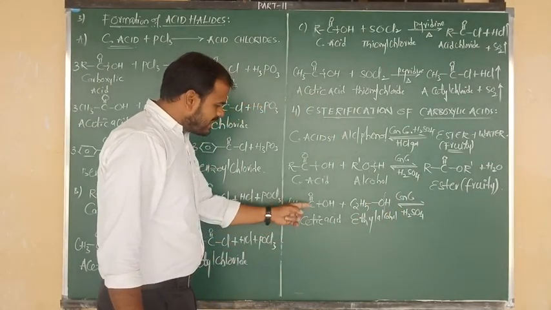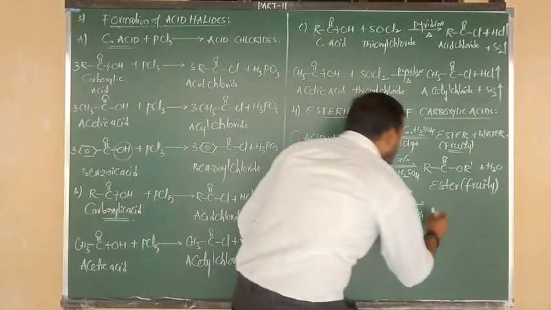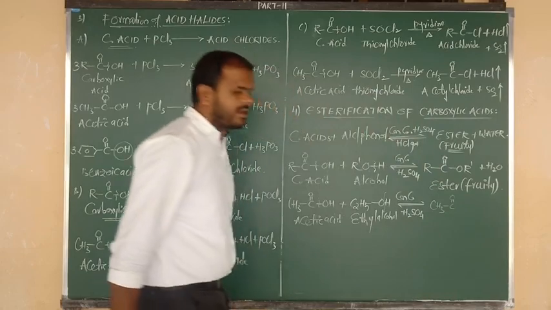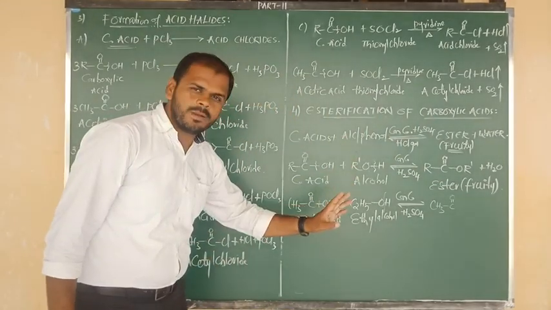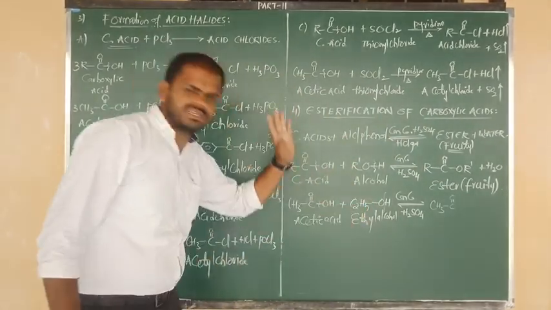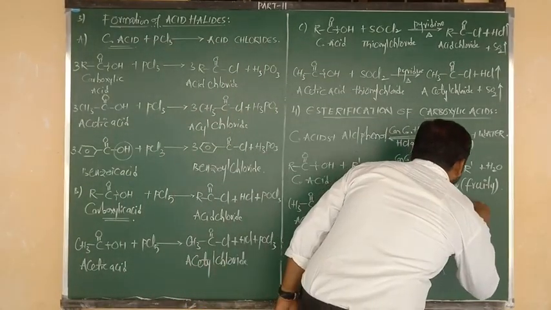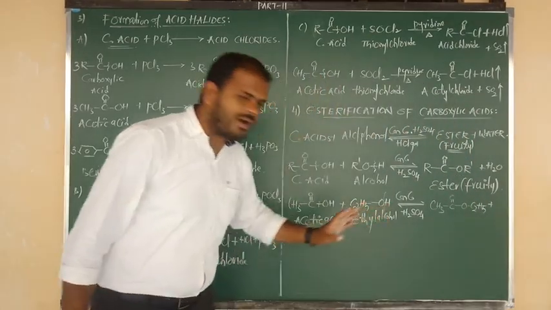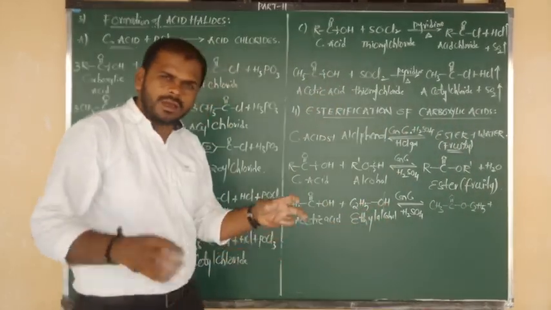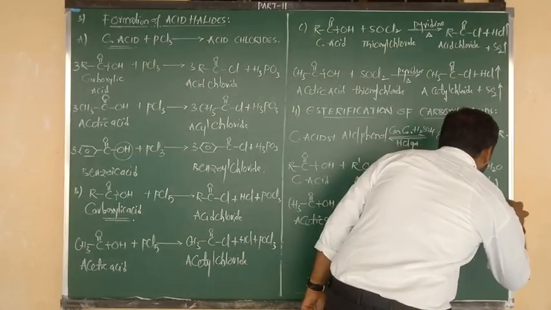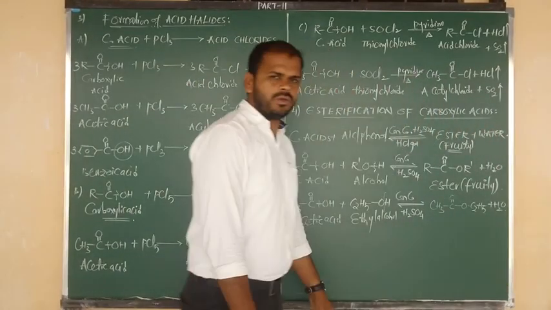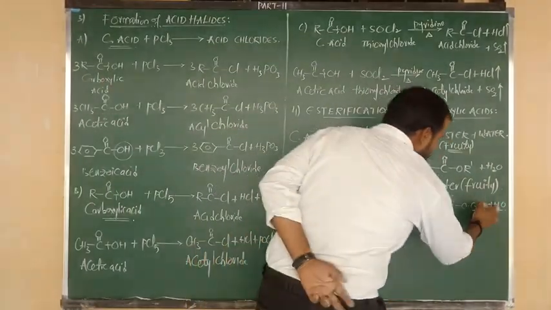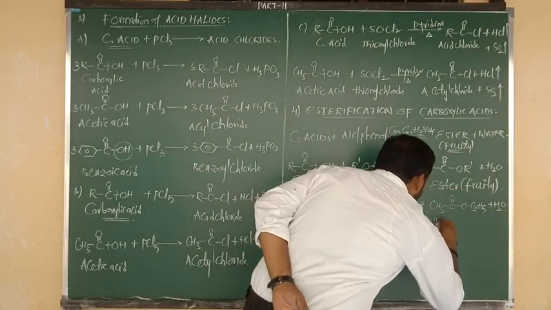CH3 bonded to C double bond O, that one I am going to write the same. Remaining is O bonded to C2H5. And H plus from alcohol and OH minus from acid combine and are eliminated in the form of a water molecule. So come on, try to say what will be the product. The product name is, here the side chain is C2H5, that means ethyl.